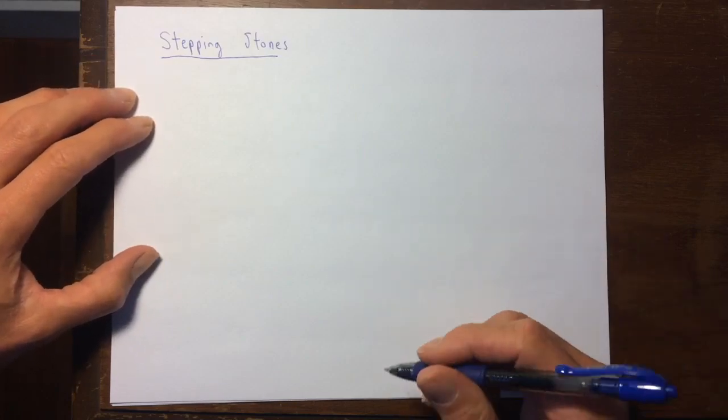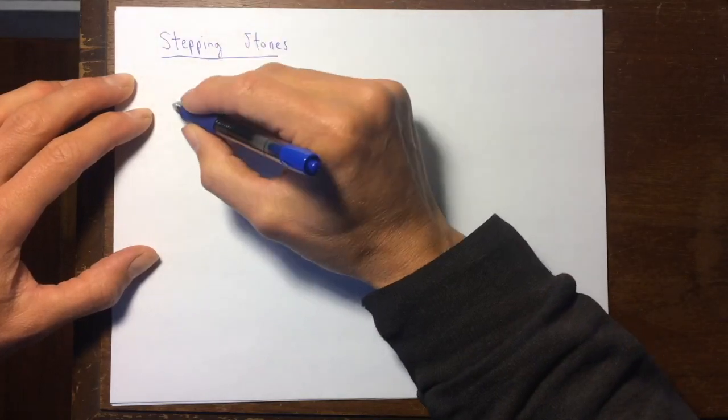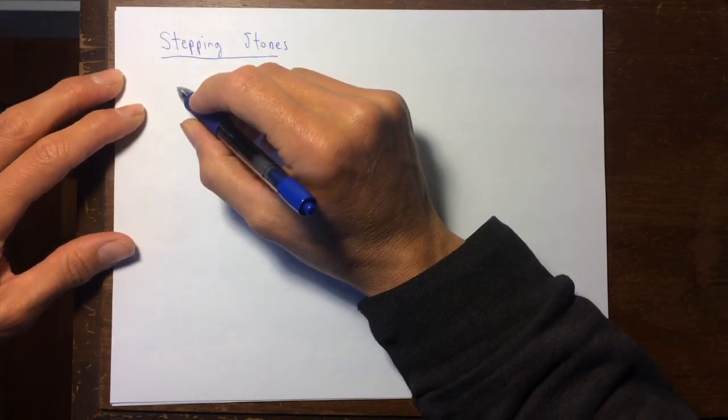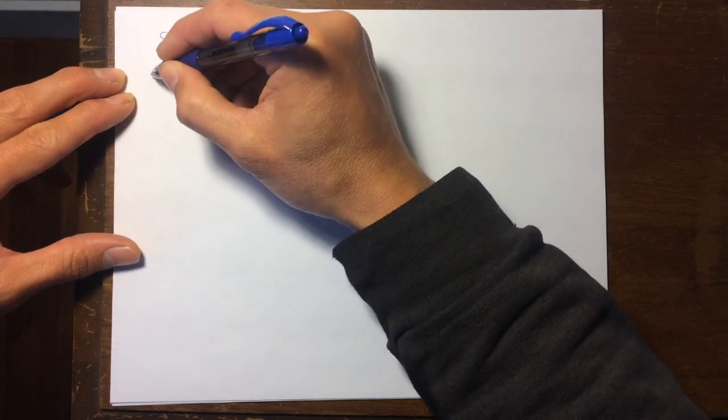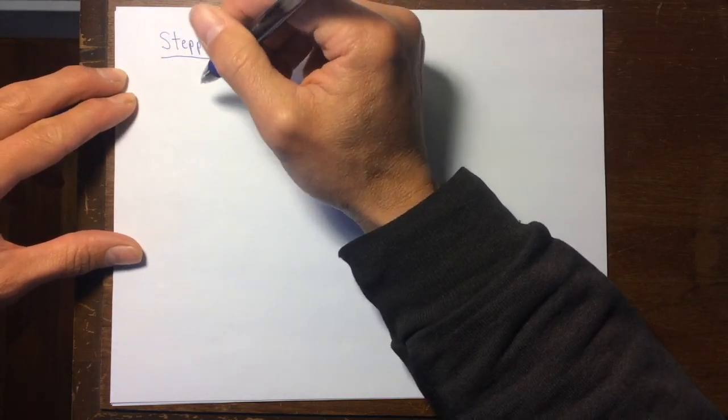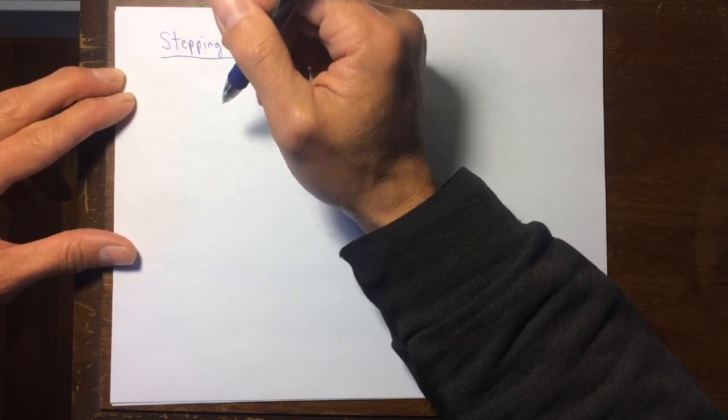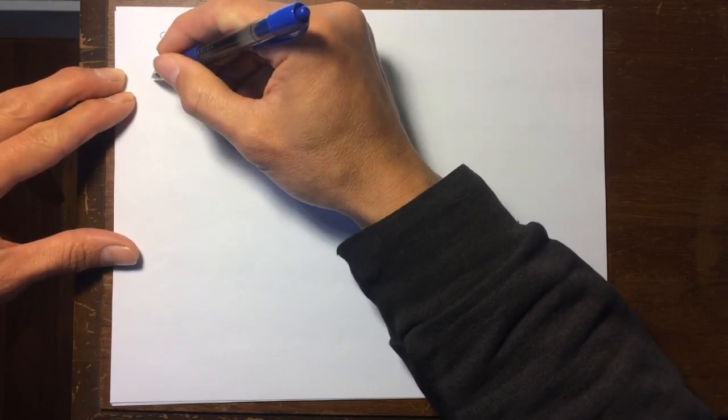So in the directions, I asked you to read about several applications of Schrodinger's equation. And I was just going to tell you what to look for as you are reading about them.